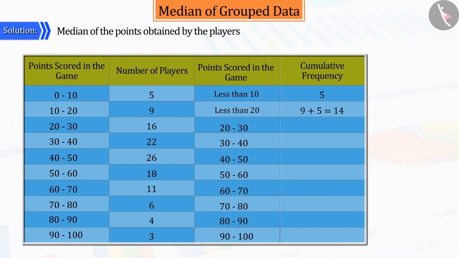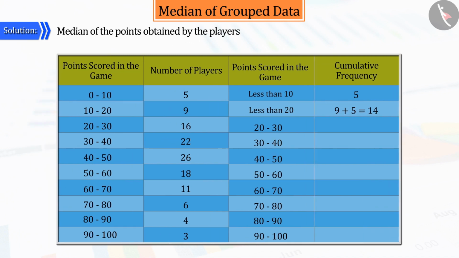Because here, those players will also be included who have scored points between the class interval 0 to 10, and those players will also be included who have scored between class interval 10 to 20. Where 14 is the cumulative frequency of class 10 to 20.